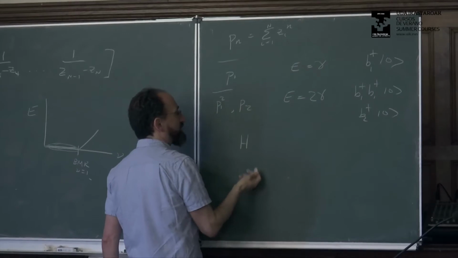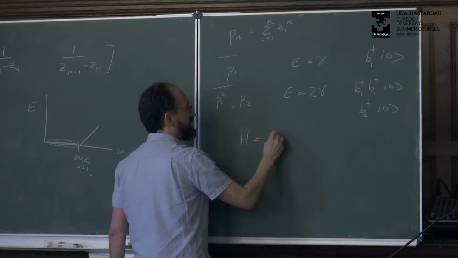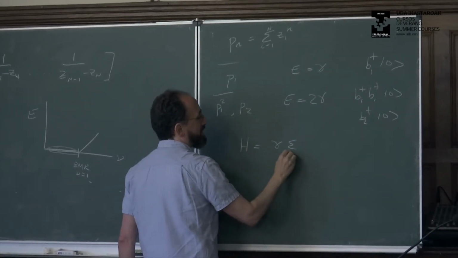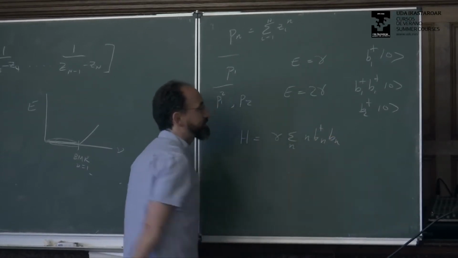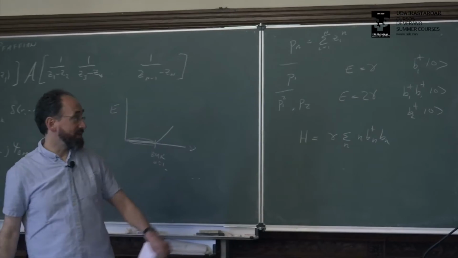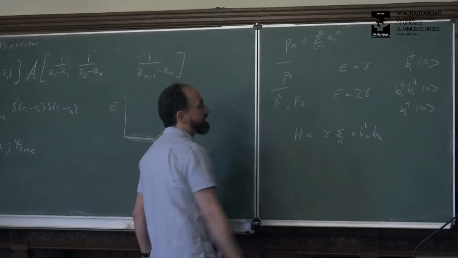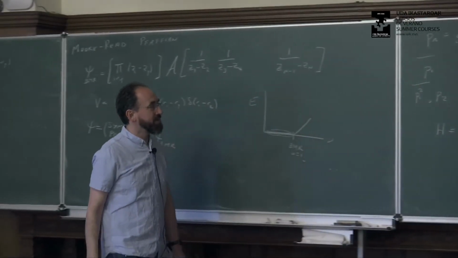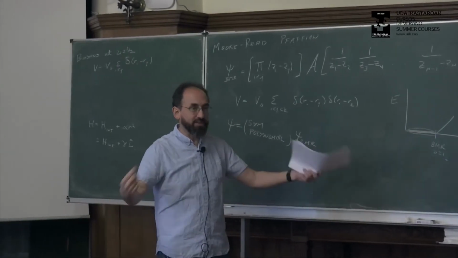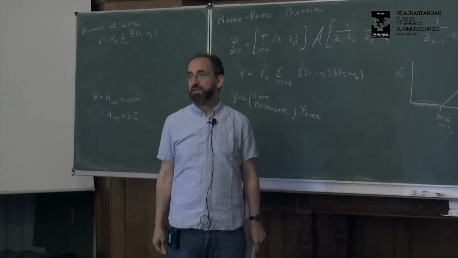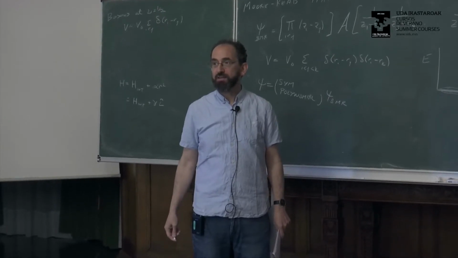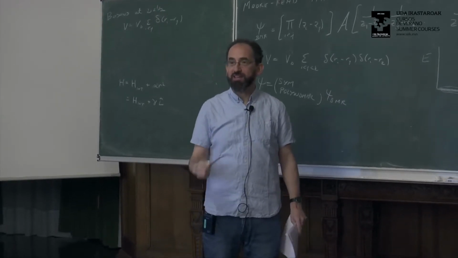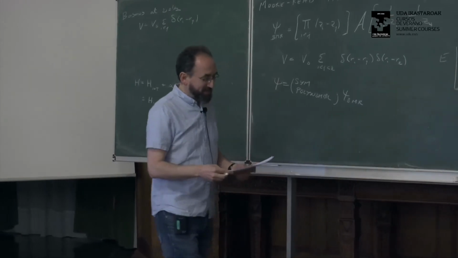The effective Hamiltonian of this bosonic edge mode is gamma times the sum over n of b dagger n b n. So this gamma is just the edge mode velocity, if you think of n as being a wave vector. Everyone still happy with that?